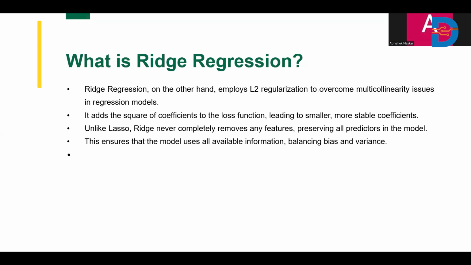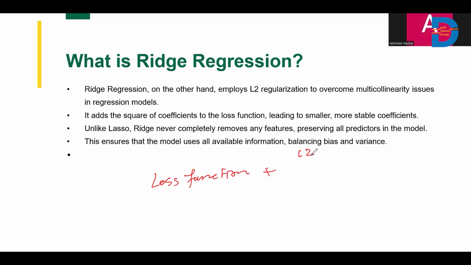After that, we have ridge regression. Ridge does the same thing, but the difference between ridge and lasso is that L2 regression, or ridge regression, adds the slope squared instead of the modulus of the slope. The equation is the same with the loss function.